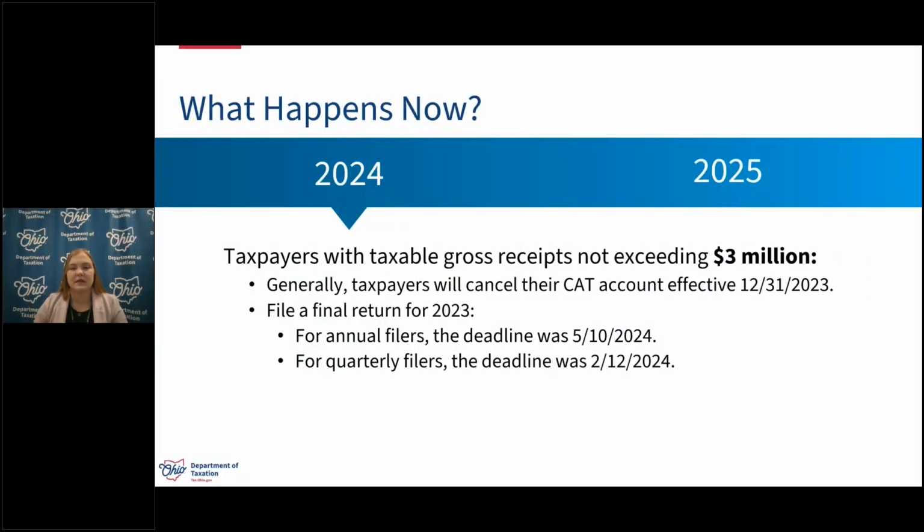As you can see here on the screen, as of January 1st, 2024, taxpayers with taxable gross receipts not exceeding the $3 million threshold should cancel their CAT account effective 12/31/2023. The annual return deadline was May 10th of this year, and the fourth quarter 2023 return was due February 12th of this year.